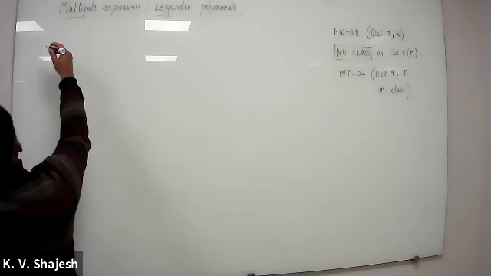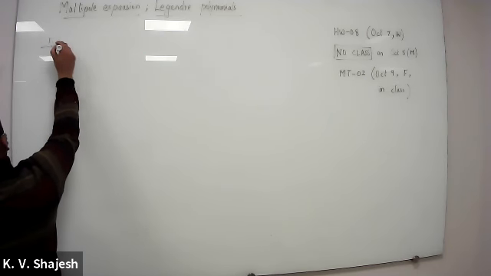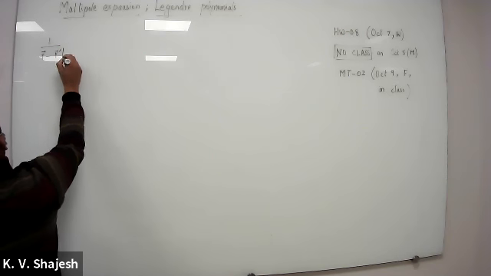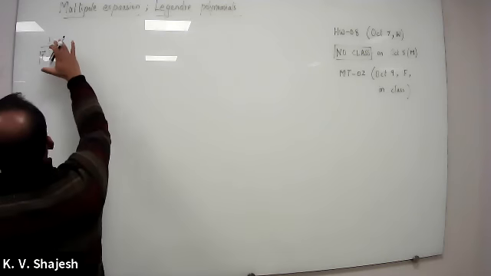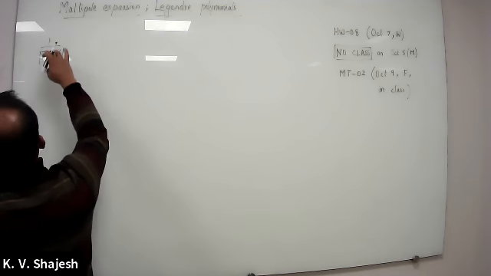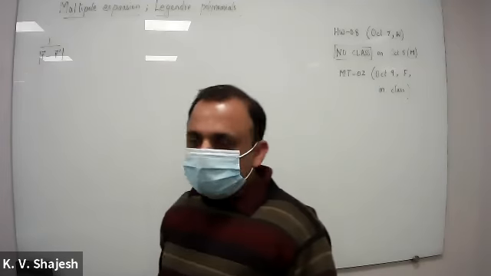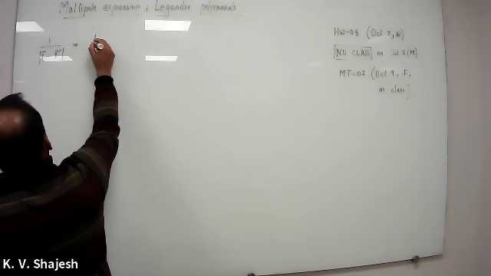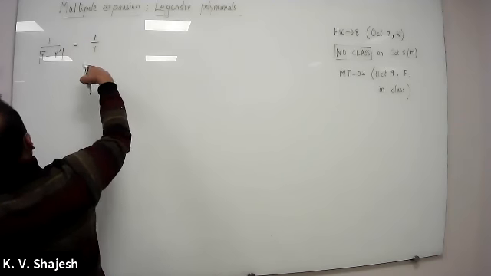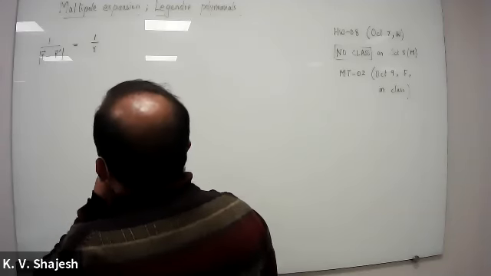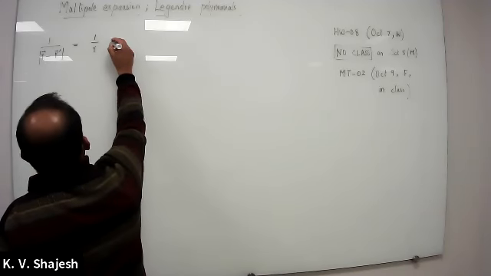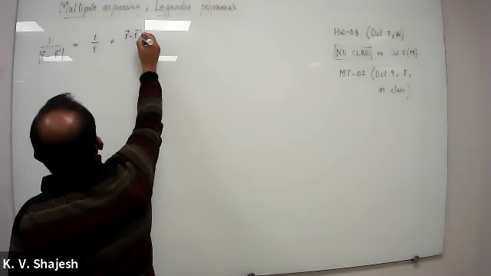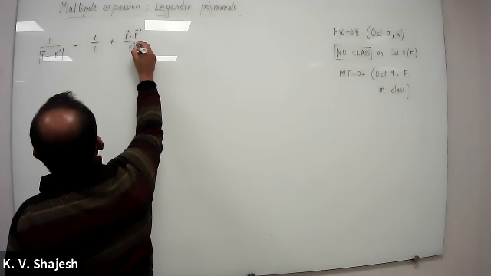So remember what we did is 1 over |R minus R prime|. As I said, if you want, you can put a Q also in it, and there is a 1 over 4 pi epsilon. So this is equal to 1 over R. If there was a Q, it is the electric potential due to a charge at the origin. Then we have R dotted with R prime over R cubed.